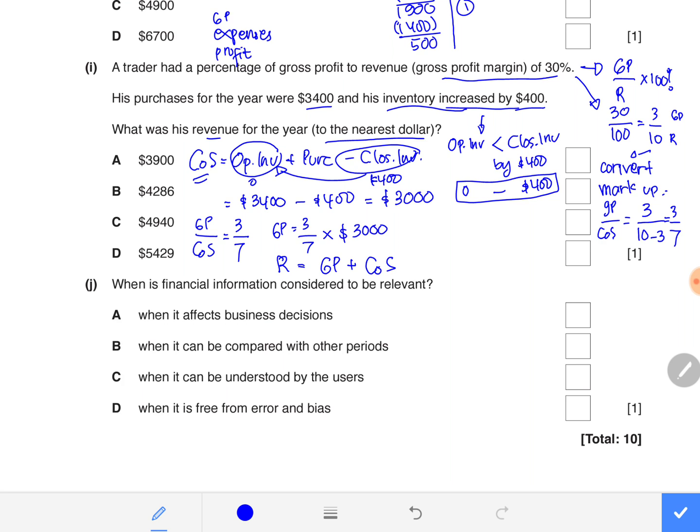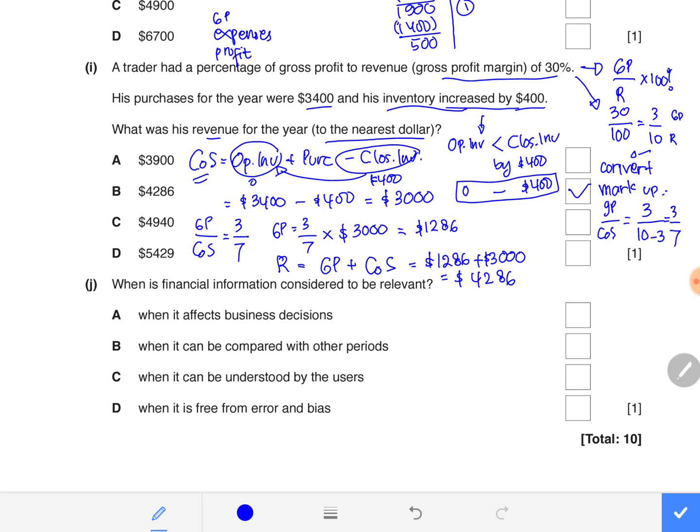Your gross profit, if you calculate 3/7 times 3,000, is 1,286, rounded. So gross profit 1,286 plus cost of sales 3,000. So the answer is 4,286. It's a B.